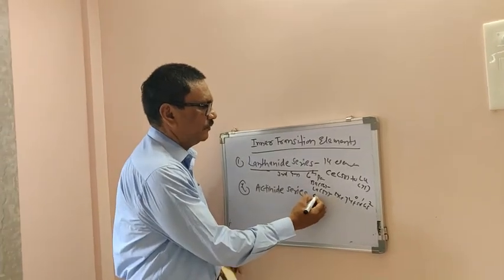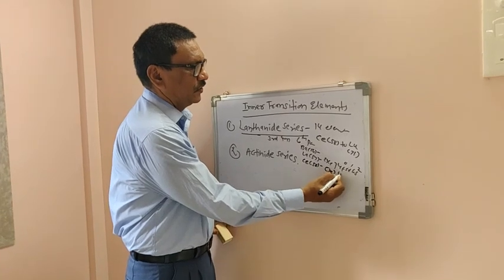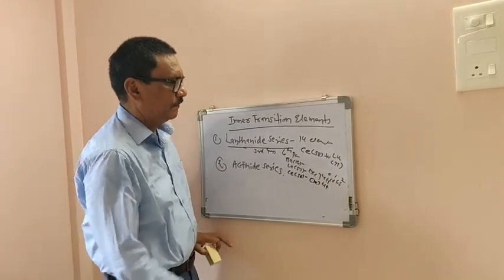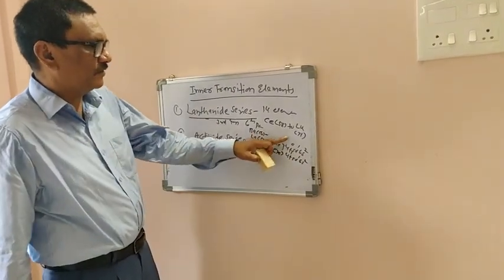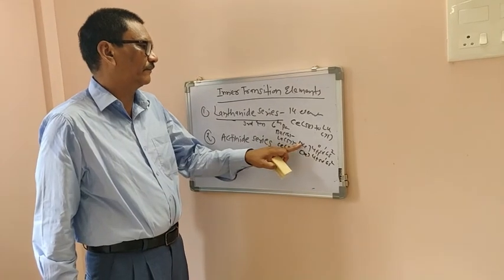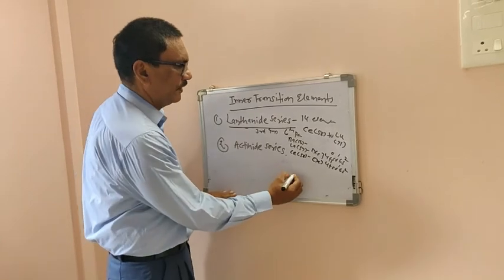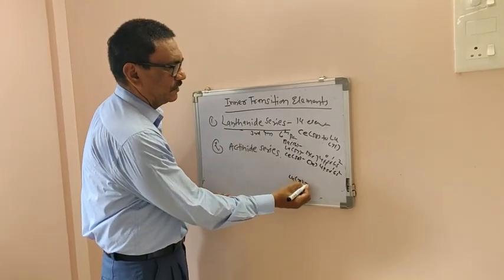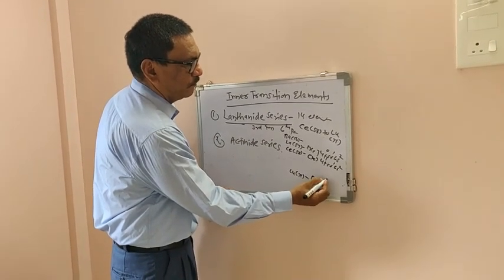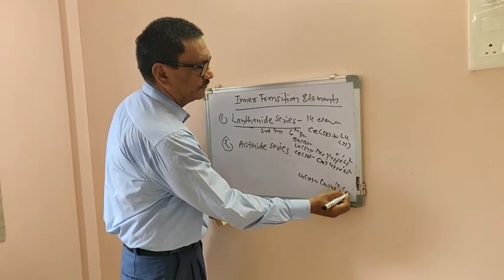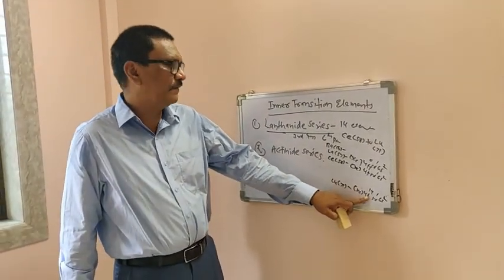After that, cerium, atomic number 58, has the configuration xenon 4f1 5d1 6s2. That means the 4f orbital starts filling from lanthanum to cerium, 4f1. Likewise, the last element, lutetium at atomic number 71, has the configuration xenon 4f14 5d1 6s2, which indicates that the 4f orbital is completely filled by electrons.